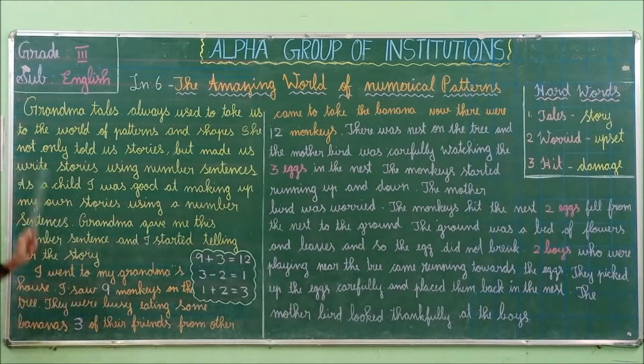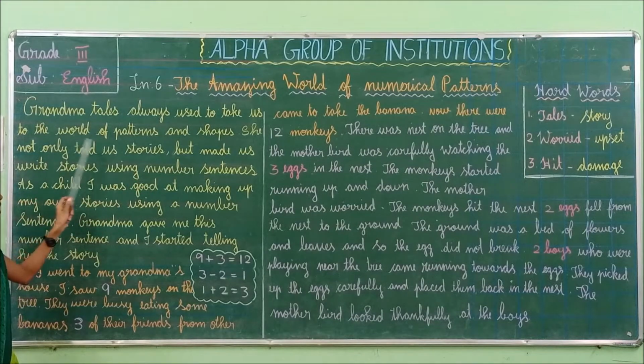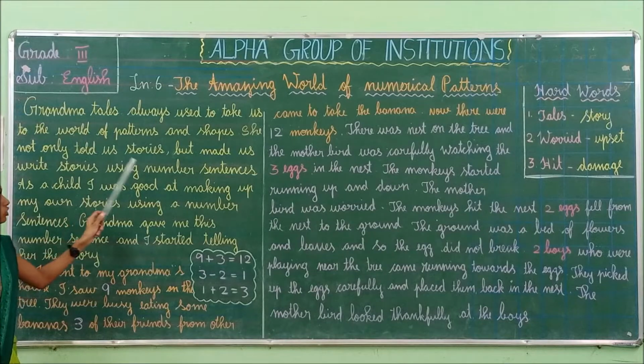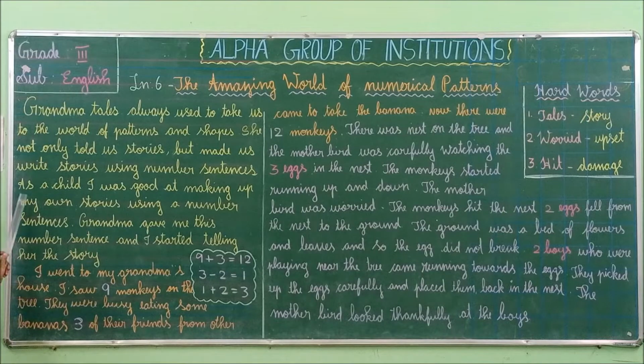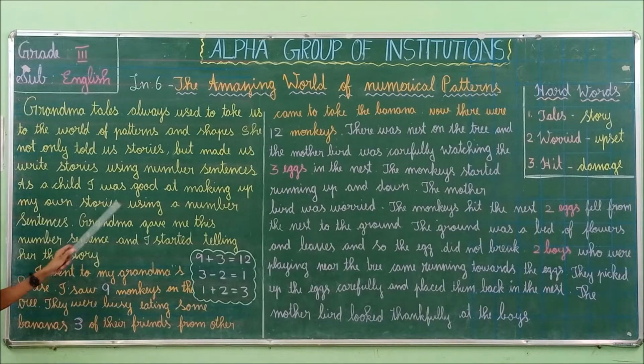So see this paragraph. Grandma Tales always used to take us to the world of patterns and shapes. She not only told us stories but made us write stories using number sentences. As a child, I was good at making up my own stories using number sentences. Grandma gave me a number sentence and I started telling her the story.